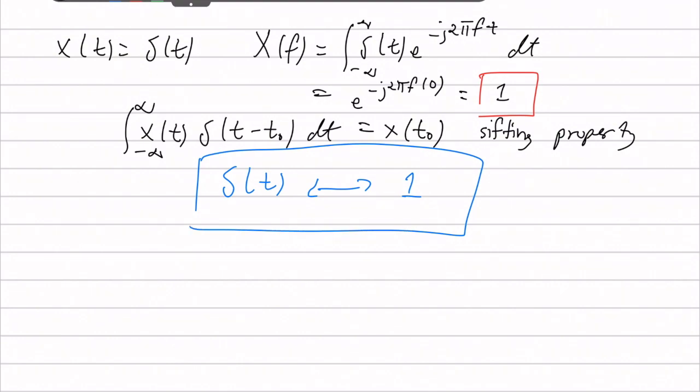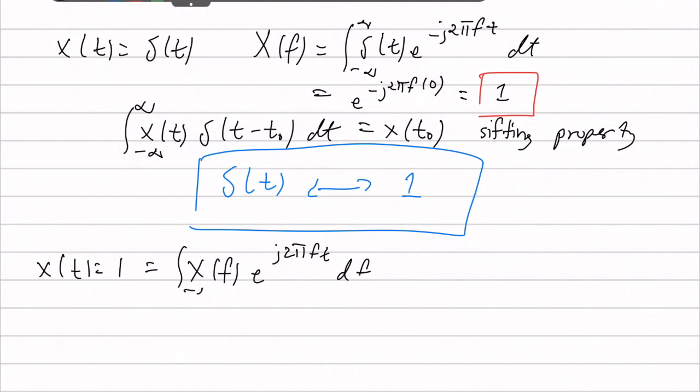Now suppose we have a constant in the time domain. So x(t) is equal to 1. Let's use our synthesis expression. x(t) is equal to the integral of X(f) times e raised to the j 2 pi f t df, evaluated from negative infinity up to infinity.